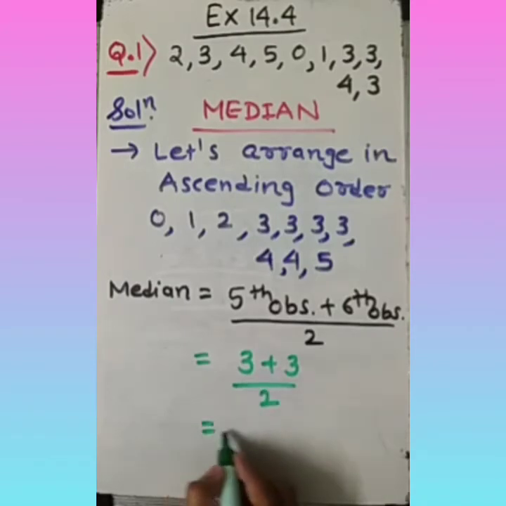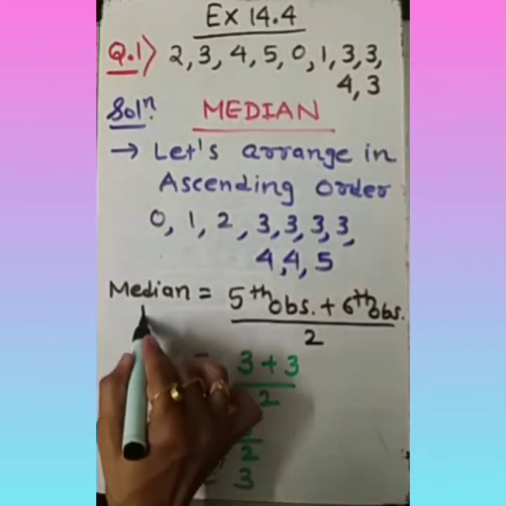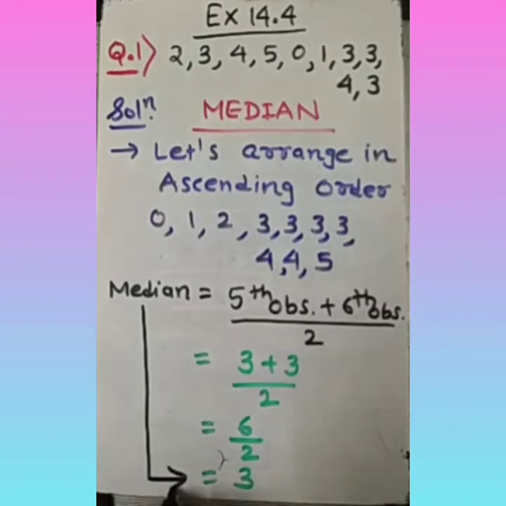So 3 plus 3, 6 by 2. So finally the simplification of 6 by 2 is 3. Therefore the median of this observation is 3. Got it? This is our second requirement of the question. Now let's proceed toward the third part of the question, that is mode.